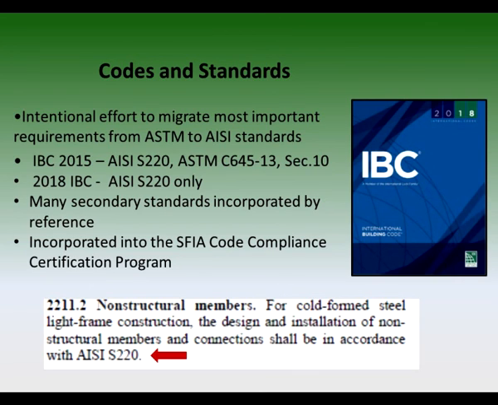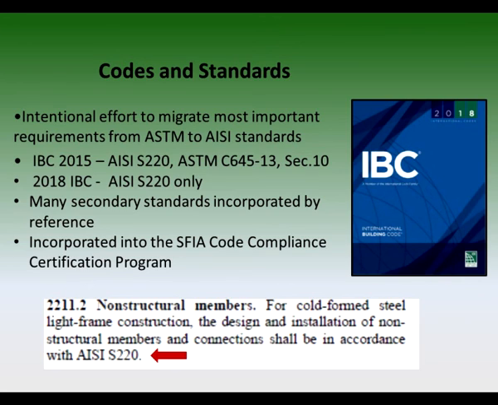In recent years, there's been a transition period where the requirements that govern CFS framing have moved from the ASTM standards we've seen for decades to the standards maintained by the American Iron and Steel Institute, or AISI. As of the publication of the 2018 International Building Code, the transition is pretty much complete.